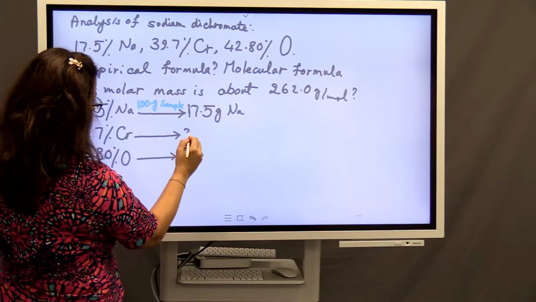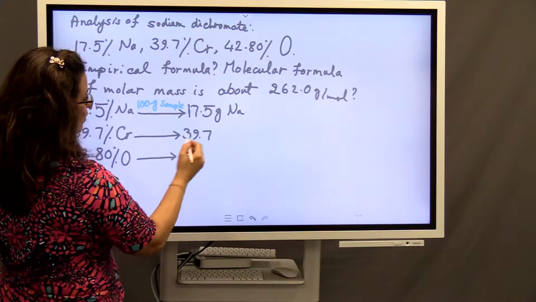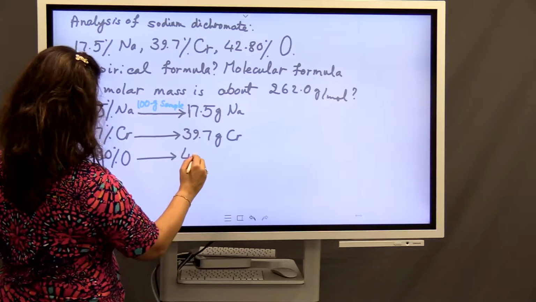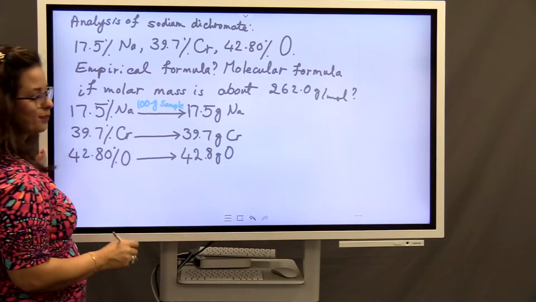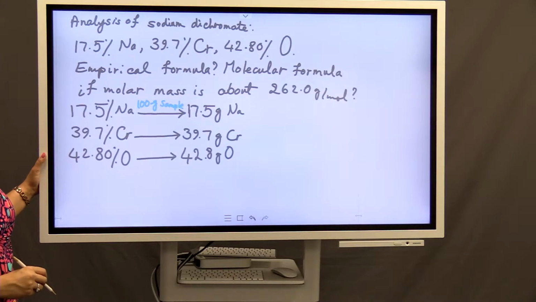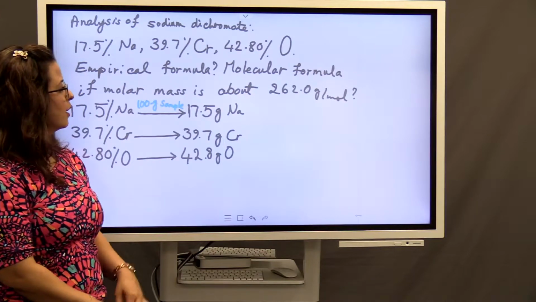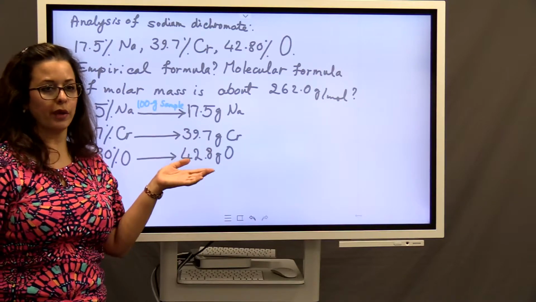So 39.7% of chromium changes to 39.7 grams of chromium. And for oxygen, it's going to be 42.8 grams of oxygen. Okay? Now, again, our goal is to use moles in the formulas with their empirical or molecular formula.